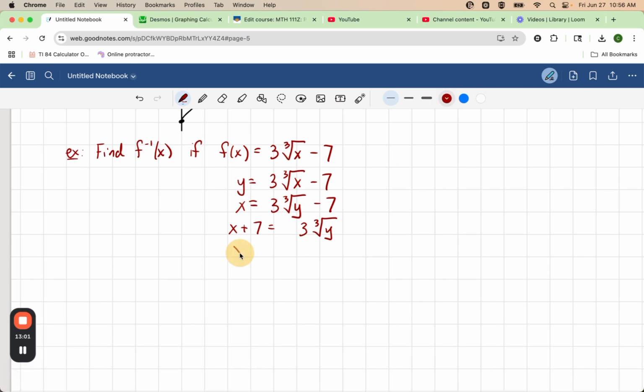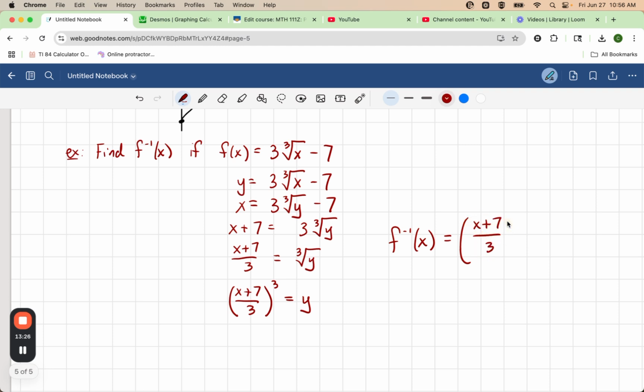So I got (x plus 7) over 3 equals the cube root of y. Then I'm going to cube both sides. So (x plus 7) over 3 raised to the third power. If I raise cube root of y to the third power, I just get y. So then f inverse of x equals ((x plus 7) over 3) cubed.